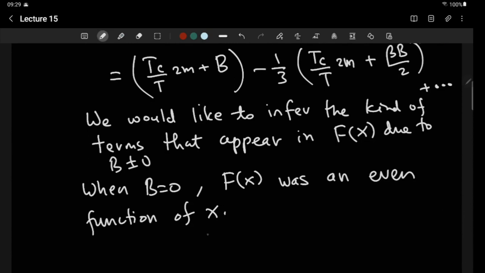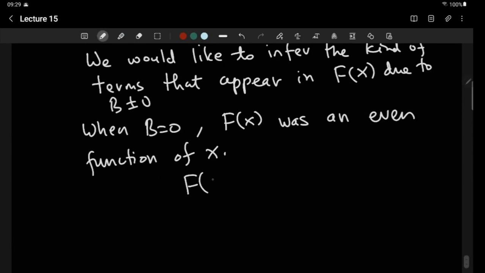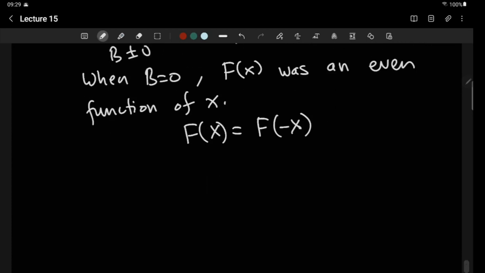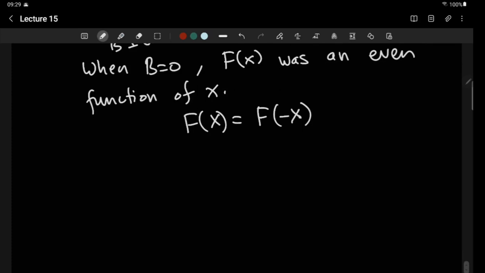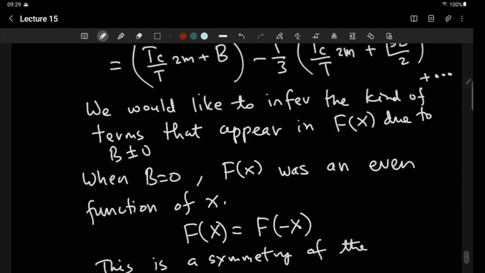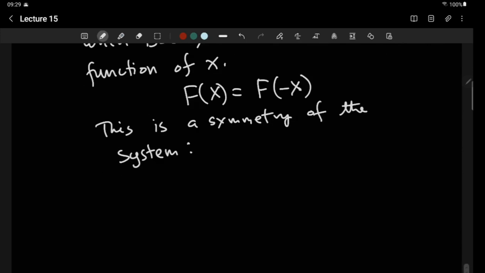That means f of x is equal to f of minus x. And if you do it two times, this is actually a symmetry of the system, which is the Z2 symmetry.